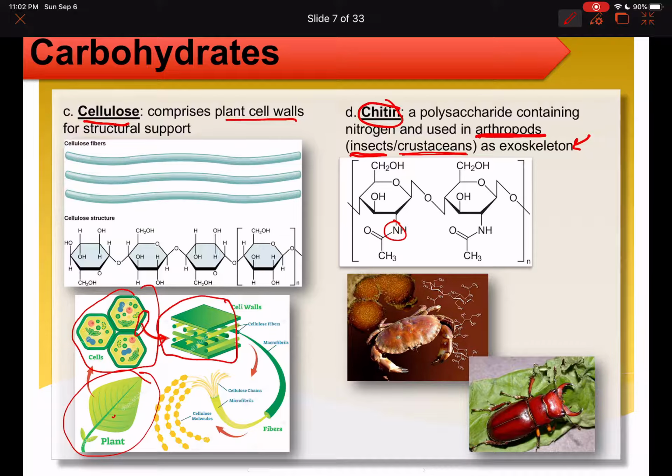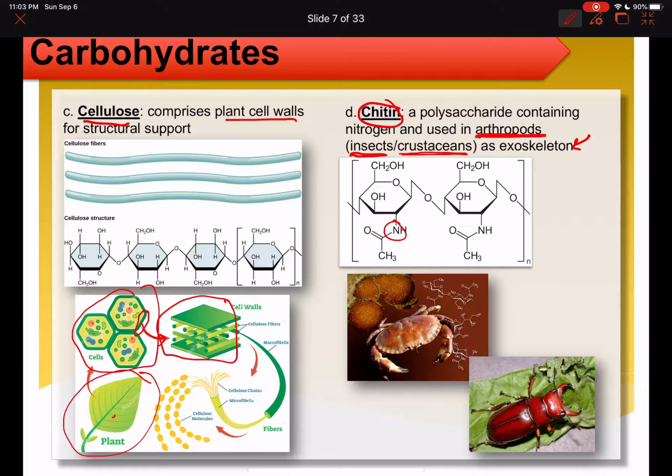The big component of that exoskeleton is chitin. The polysaccharide chitin right here is within the shell of this beetle or this crab. All right, so make sure you remember cellulose for plant cell walls, and chitin for being part of the exoskeleton in crustaceans or insects, or, in general, arthropods.